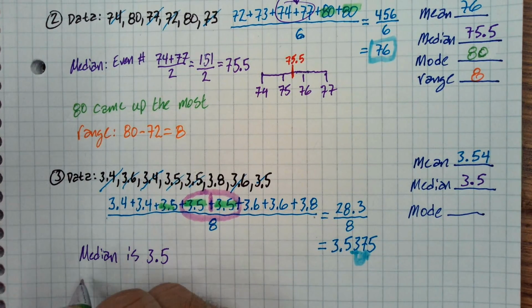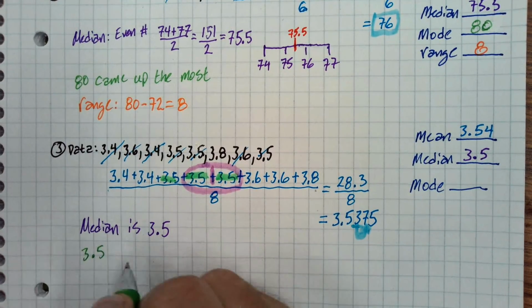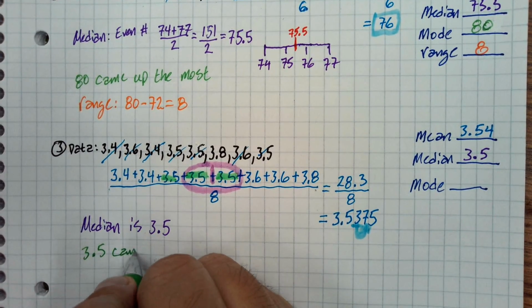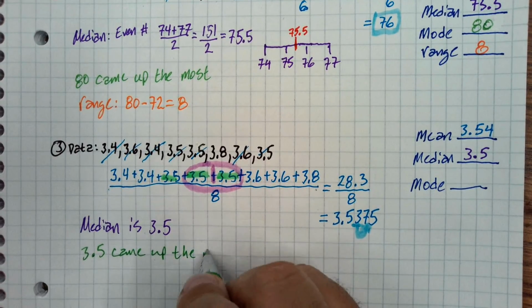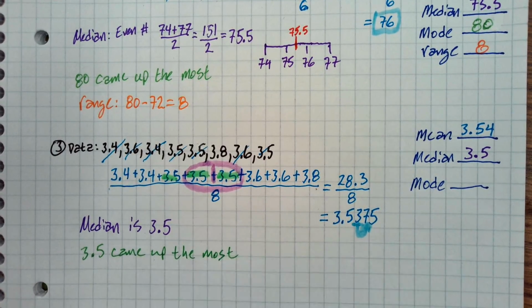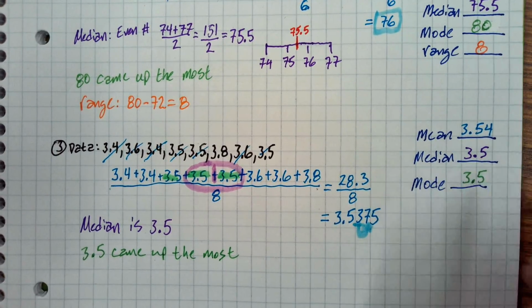So 3.5 came up the most. So it's the mode.